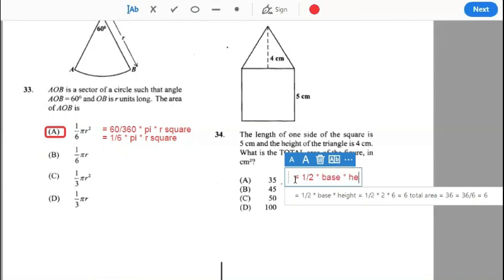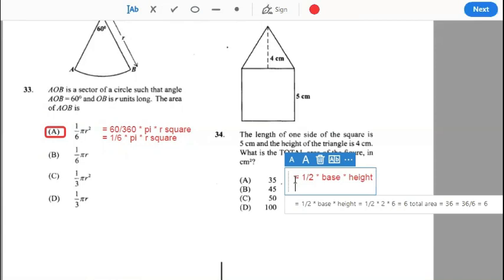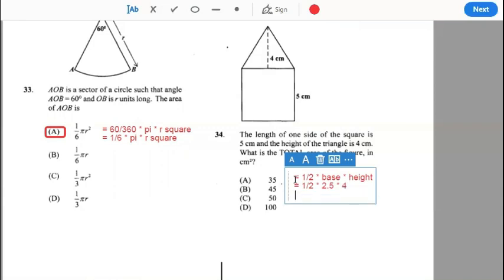Of this, let's see, the base in this case would be 2.5, times the height, which is 4.